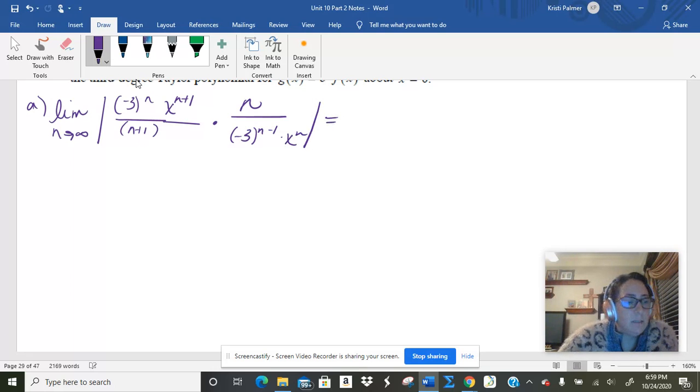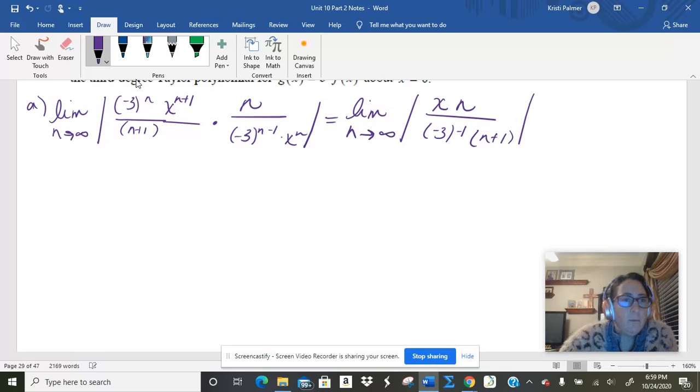Okay, and now let's go reduce that. So that's going to be left with an x and an n on the top. And then those canceled, so I have negative 1, and plus 1. And I'm going to rewrite it one more time because I don't like that negative 3 to the negative 1.